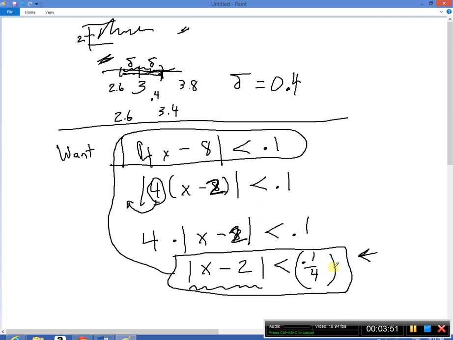And this inequality is the one that I can control, because I can decide how small delta is. So if I just make delta equal to 0.1 divided by 4, whatever that is, then that's good enough. And any x within that much of 2 will end up with an f of x within 0.1 of 8. So the answer in number 2 is 0.1 divided by 4.